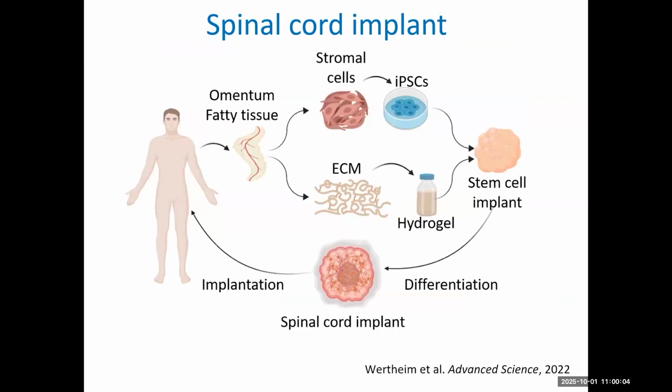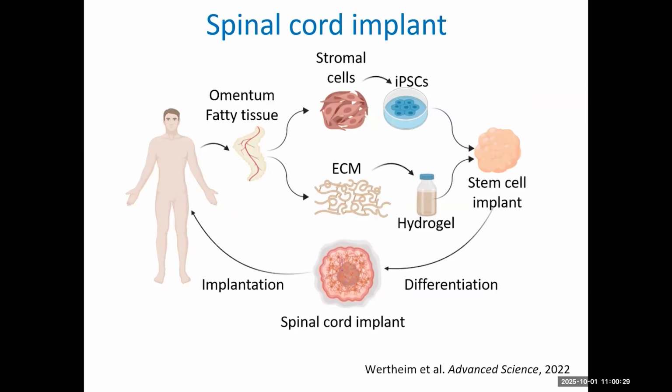So we talked about the heart. We'll get back to the heart soon, but we can also use the same technology to create spinal cord implants. So we take this fatty tissue, we reprogram the cells, we process the ECM, and now we mimic the embryonic development of the spinal cord or the motor neurons.